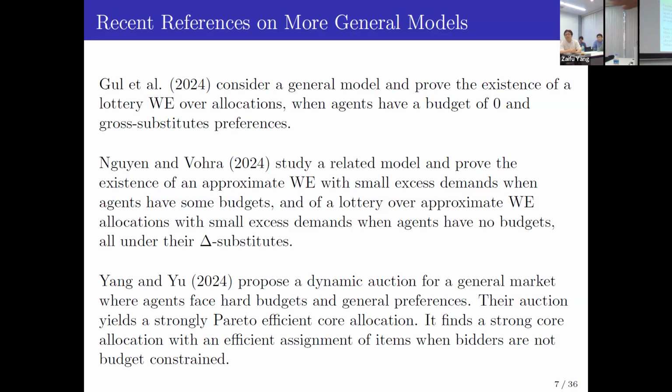In this market, we have a dynamic auction which can always find a strongly efficient allocation, and it can even find a strong allocation with an efficient assignment of atoms when new agents are budget constrained. So these are three new papers, but of course none of these papers discuss the incentive issue. Okay.